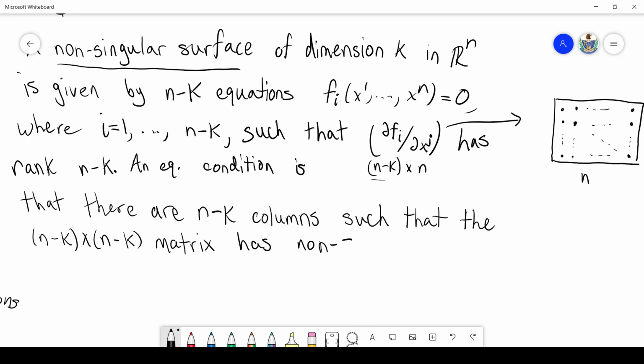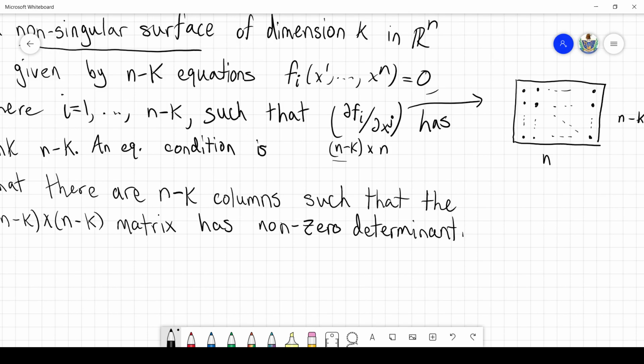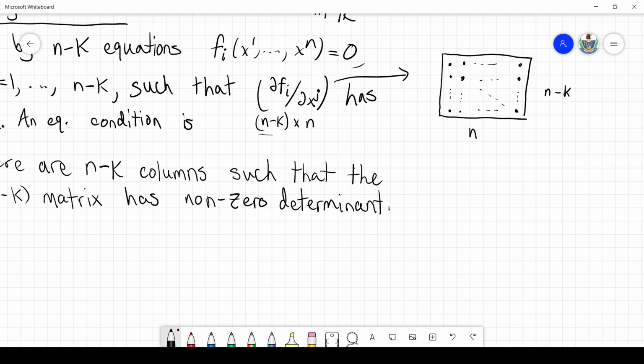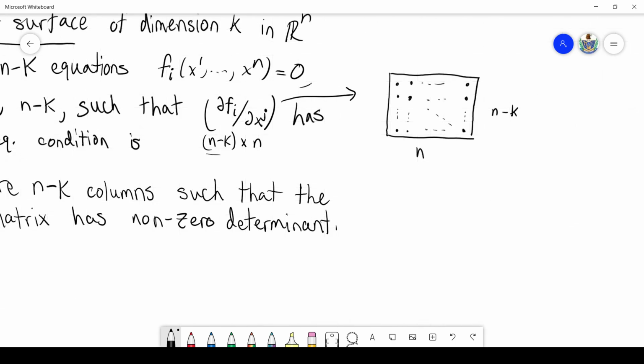So I'm assuming here that more people are familiar with the concept of a determinant than they are with the rank, or at least for me, the determinant is easier to grasp because it has more of a computational definition, so you can just think of it like that. So what this is saying is that the columns, and remember the columns are given by the coordinates from Rn, right?